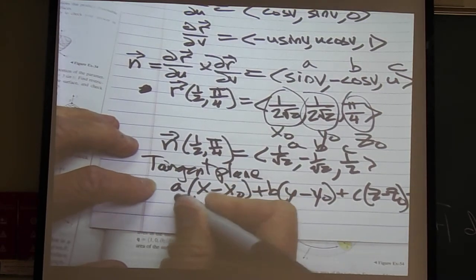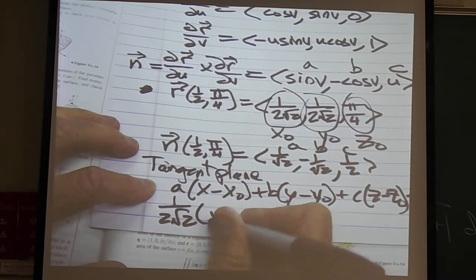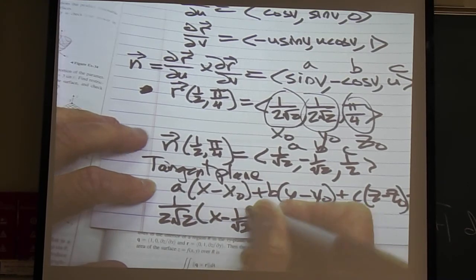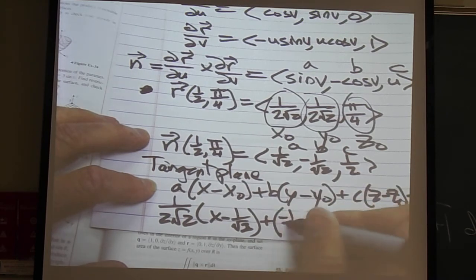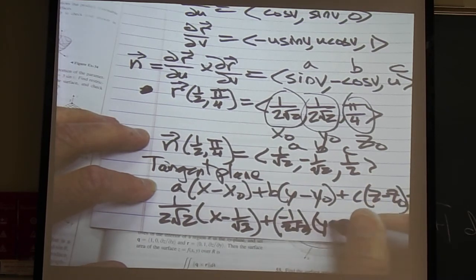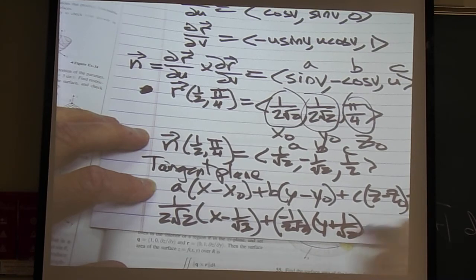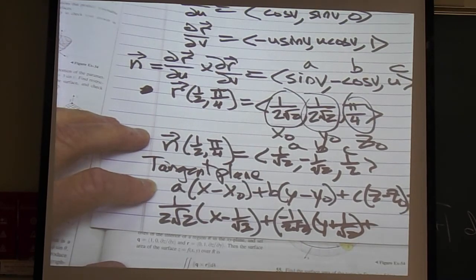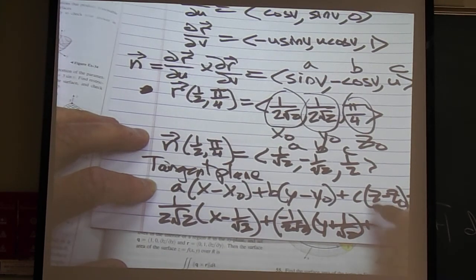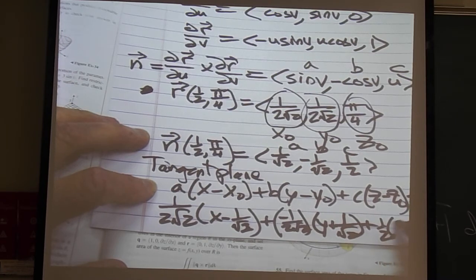What we have then is 1 over 2 square root 2 times x minus 1 over square root 2 plus minus 1 over square root 2 times y minus... Did I get that right? No, I put the wrong numbers in.